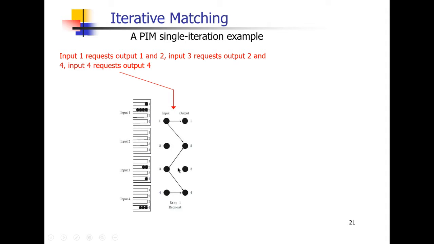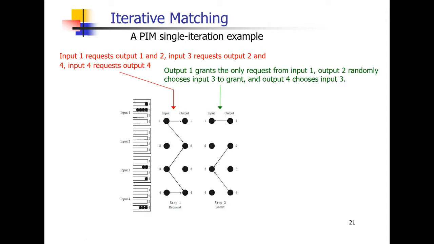So after the request step, we have the grant step. The grant step works in this way. When an output receives requests, the output will send a grant to the input nodes, and it will send only one grant, one possible grant.